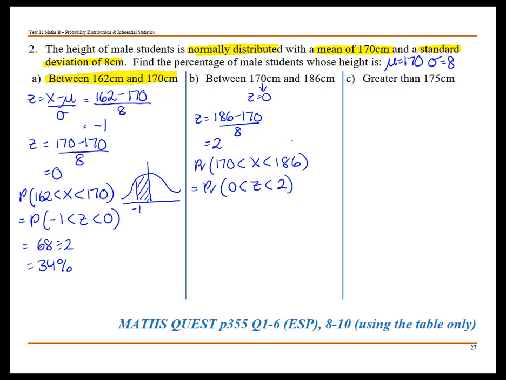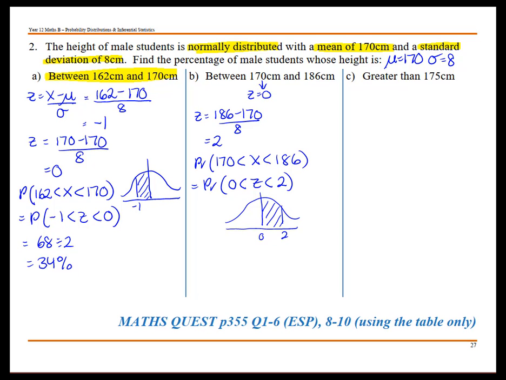Okay, so in terms of my diagram, I want to know between 0 and 2 standard deviations above the mean. Now, if you remember that within 2 standard deviations of the mean, so plus or minus 2, is 95%, that'd be 95 divided by 2, which would be your 47.5%.